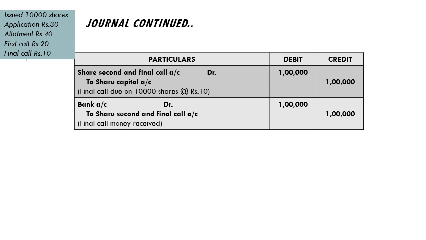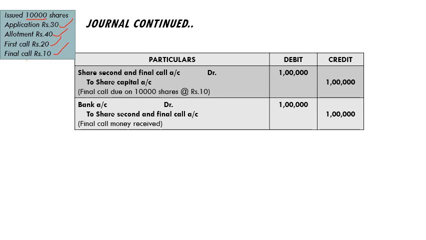So the steps to solve this kind of problem: first make the summary of the question, how many shares are being issued. Here it is 10,000 shares. Then how much is to be paid on application, on allotment, on first call, on final call. The first case will be receiving application, bank account to application. Then once we receive the application money, we transfer it to the share capital account, share application account to share capital.